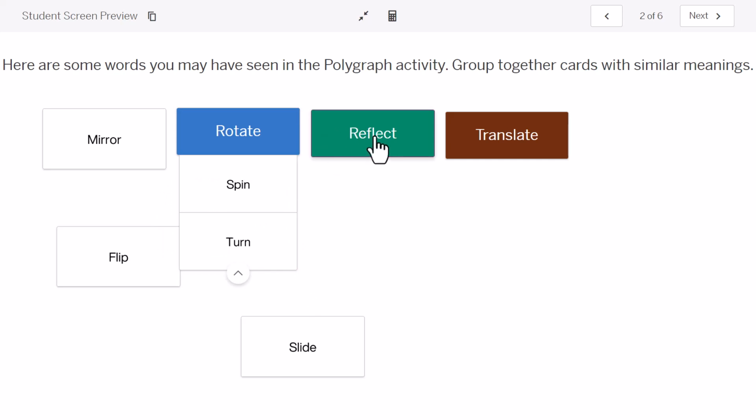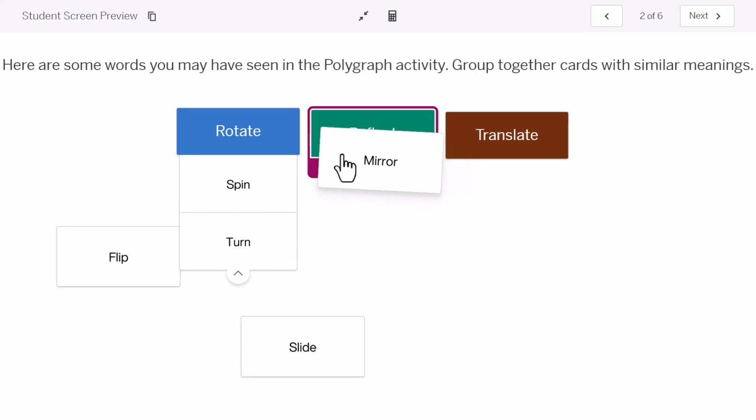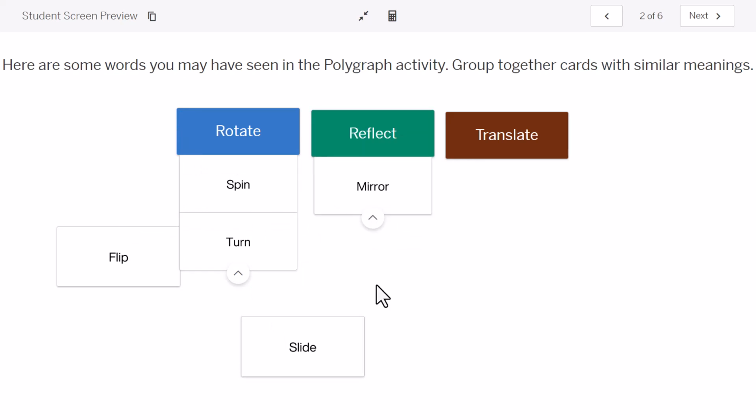Think about reflect. What does it mean to reflect something? Which of these words that are left mean reflect? Well, a reflection happens in a mirror, so we could say that. And when we flip something over so that it's facing the opposite direction, that's reflection.